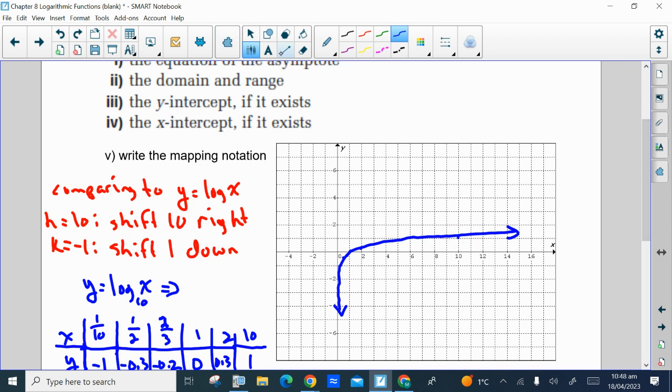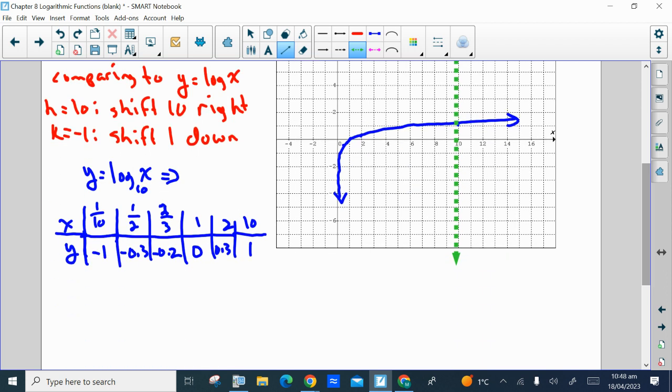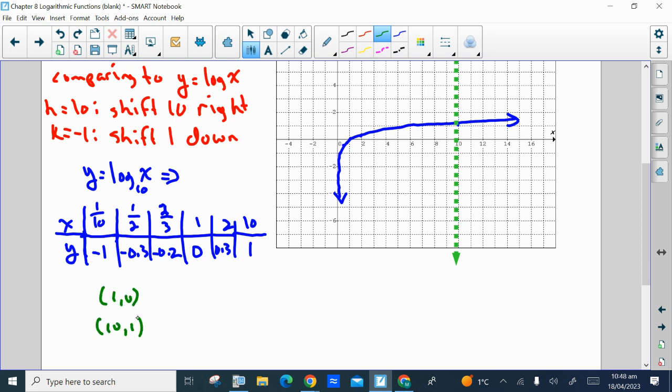But now we're going to transform this. We're going to shift it 10 to the right. So now our vertical asymptote will be at x equals 10, and 1 down. So just to give us a couple points of reference, let's take the point 1, 0 and the point 10, 1. We're going to shift it 10 to the right, which means we're going to add 10 to both x values.